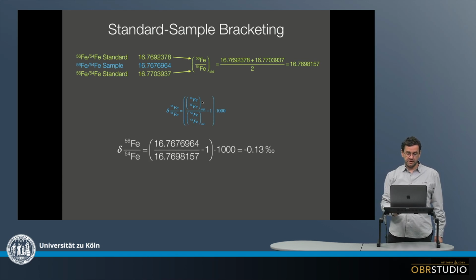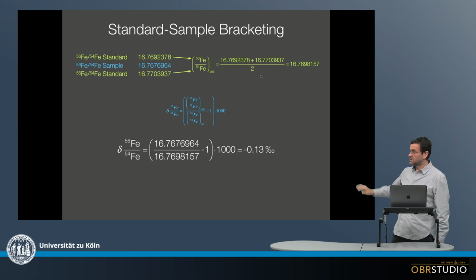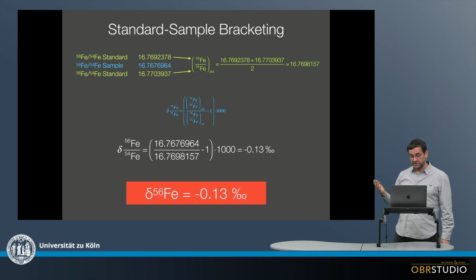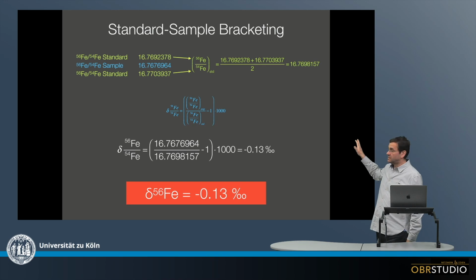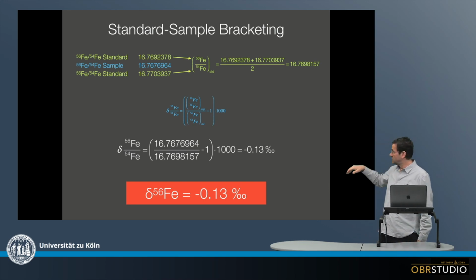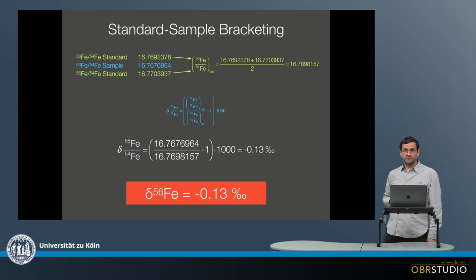So I put in the sample value, 16.76769, into the numerator, and the standard ratio into the denominator. And then I calculated it, and the result is a delta 56 iron of minus 0.13 per mil.